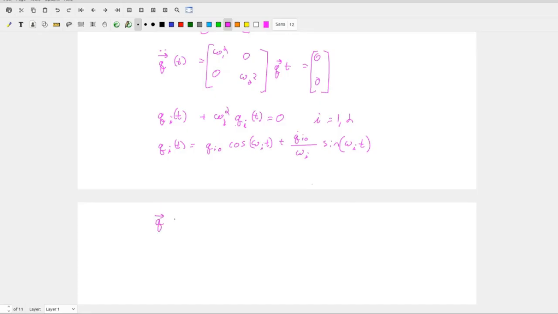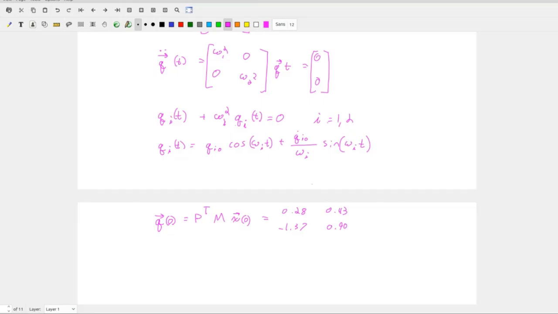So q vector, which is just both of our initial conditions at time 0, or subscript naught, is equal to P transpose, mass matrix, x vector at time 0, which is equal to 0.28, 0.43, negative 1.37, 0.90.